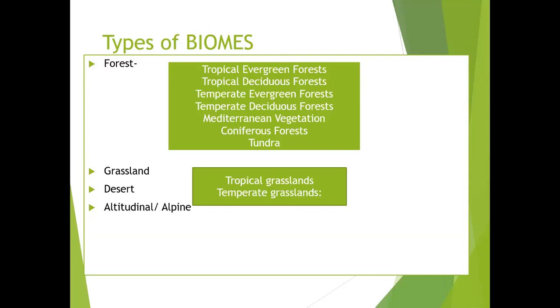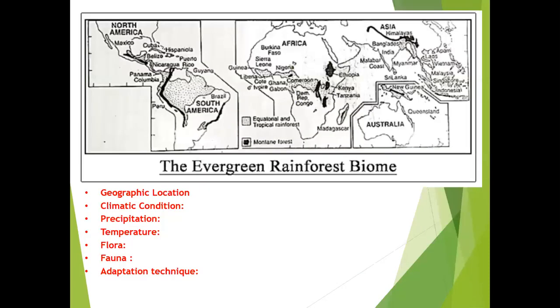Now let's talk about climatic conditions of the areas where evergreen rainforest biomes are located. When we're talking about biomes, climate becomes a very important factor. Within climatic condition, we have precipitation and temperature.